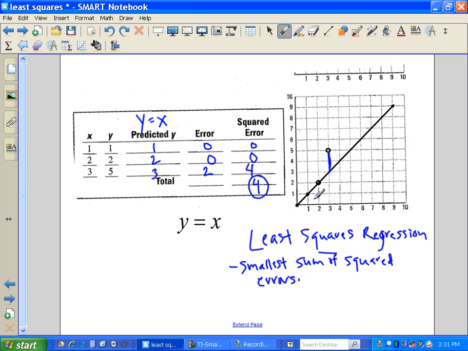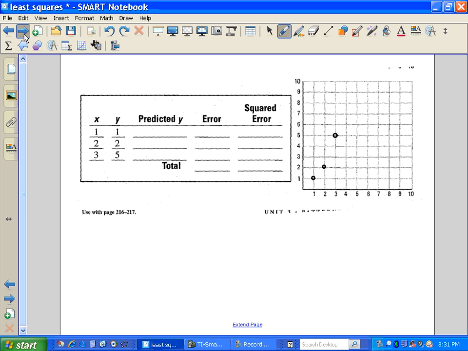If we look at the next page, here we're going to try a different equation. We're going to try the equation y equals 2x minus 1.33.